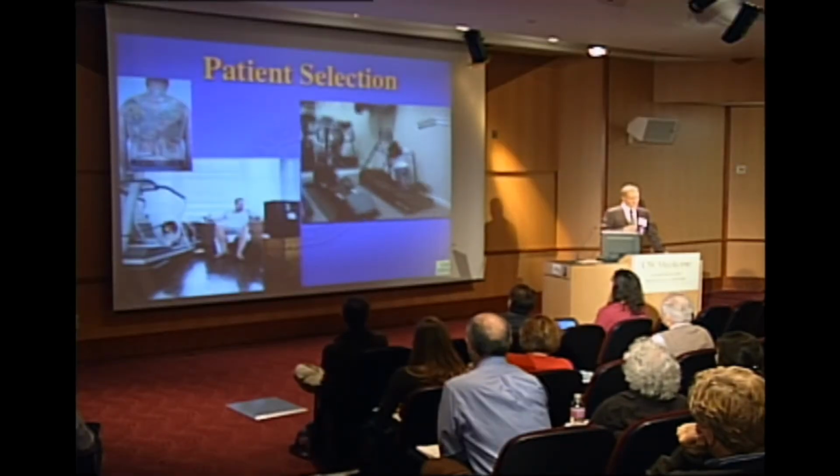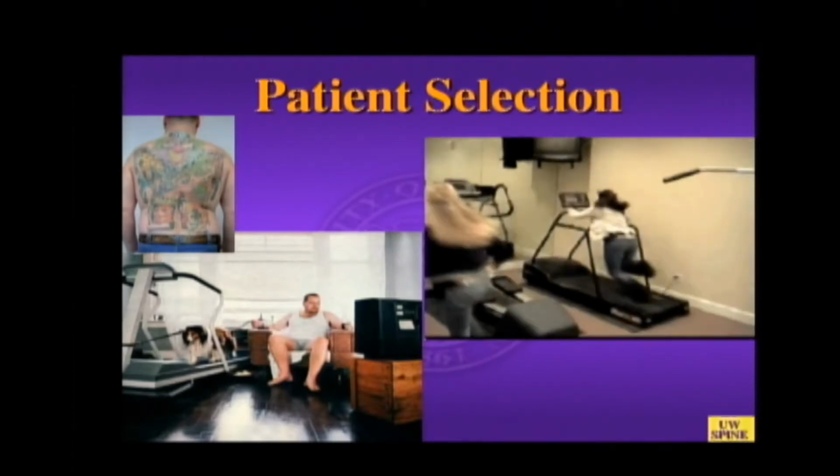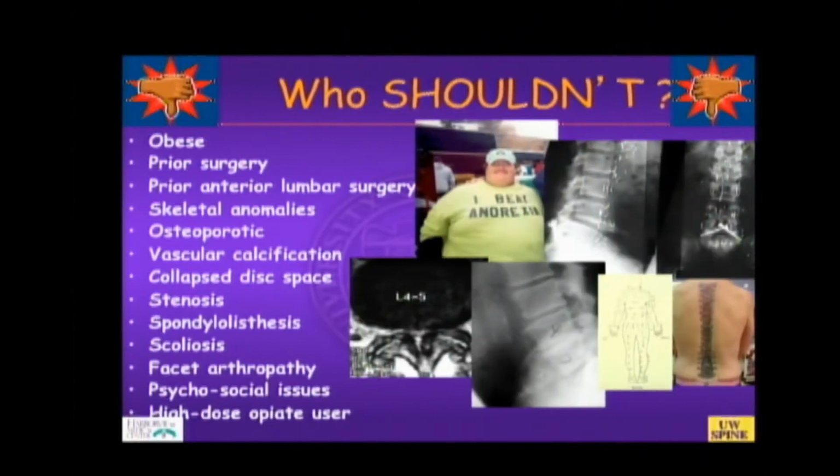So the art of patient selection, is it really such an art, or can we actually use relatively simple factors? And again, the list of patients who should not receive lumbar arthroplasty is abundant and actually quite clear. It's almost a checklist. It's an Atul Gawande type checklist. And we probably need Atul Gawande to come and apply that to spine.